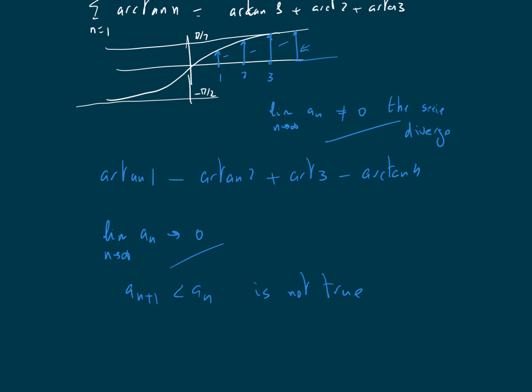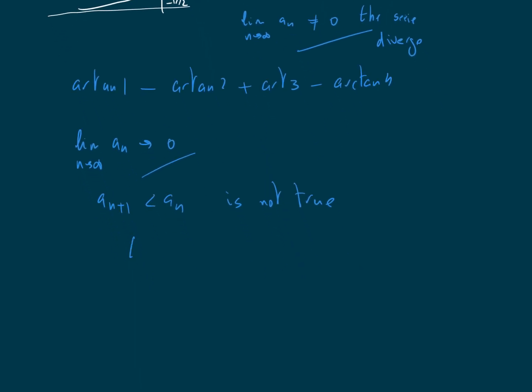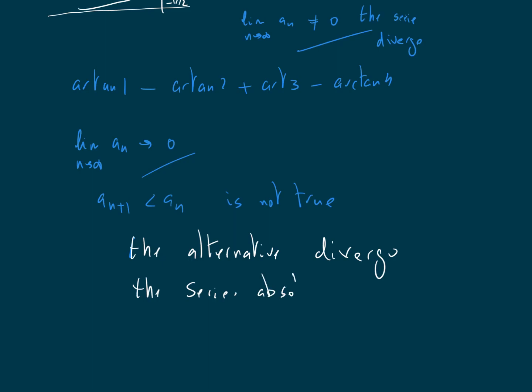So what happened here? First, the alternating series diverges. The series with absolute value, the series arctangent of 1 plus arctangent of 2 plus arctangent of 3, diverges.